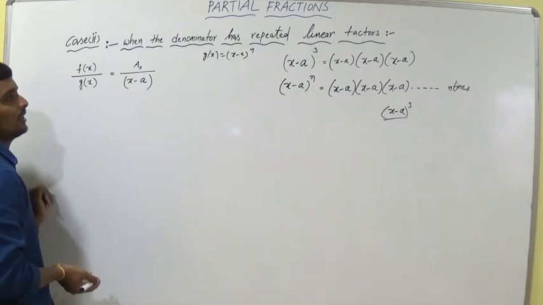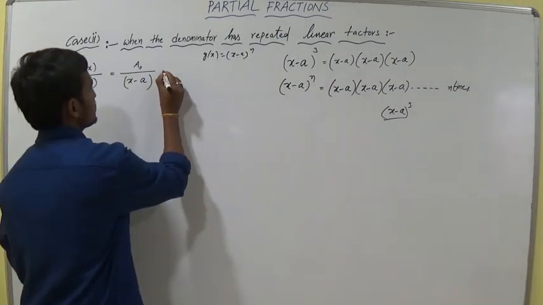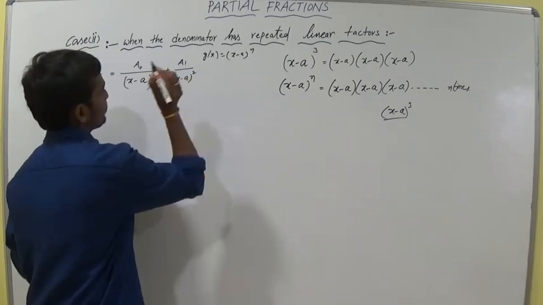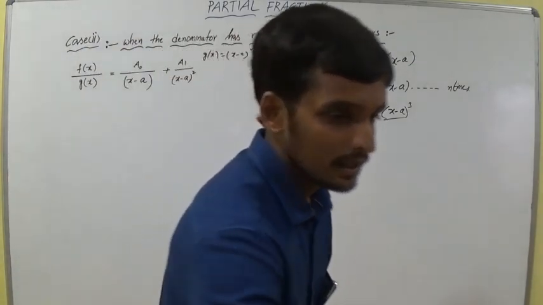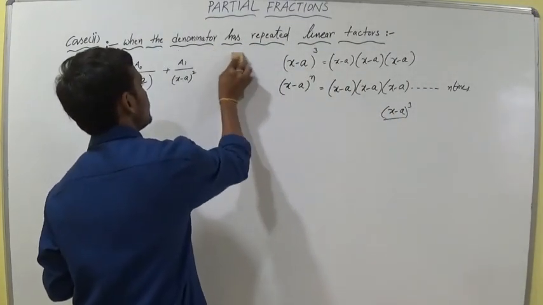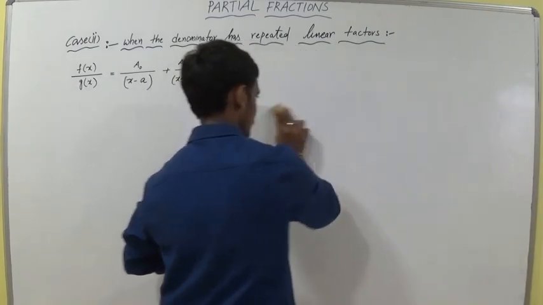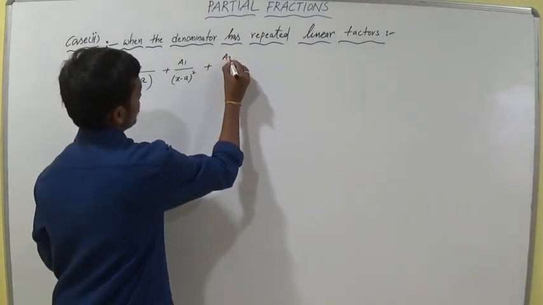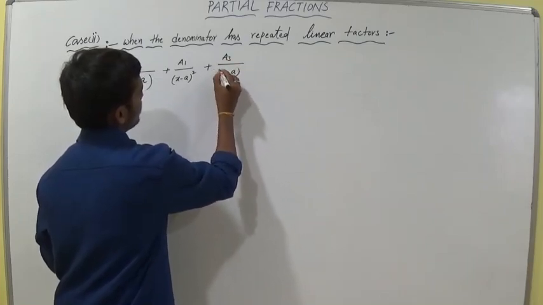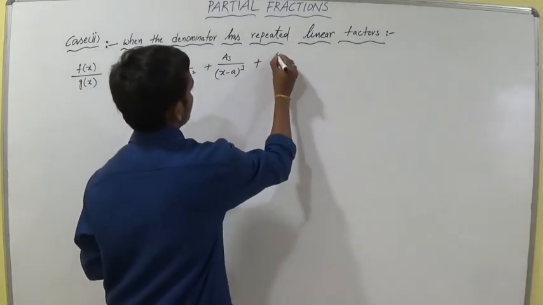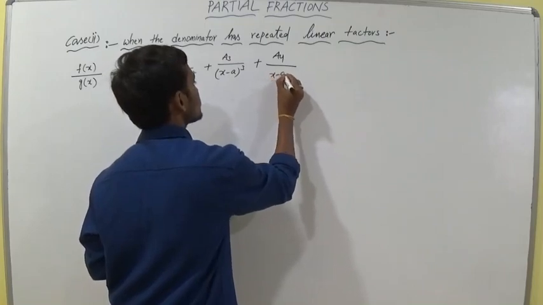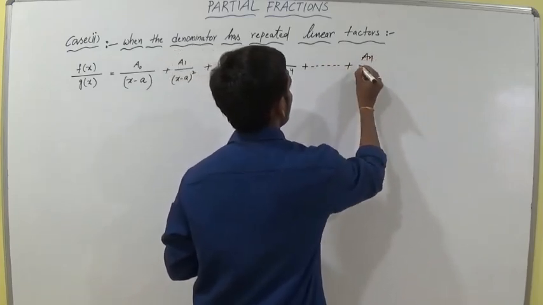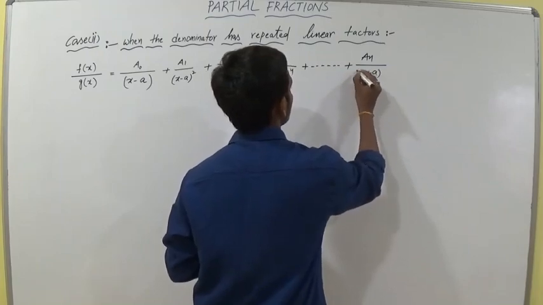It has a naught by x minus a, plus a1 by x minus a whole square, plus a3 by x minus a whole cube, plus a4 by x minus a whole power 4, and so on, plus an by x minus a whole power n. Do you have any doubt?